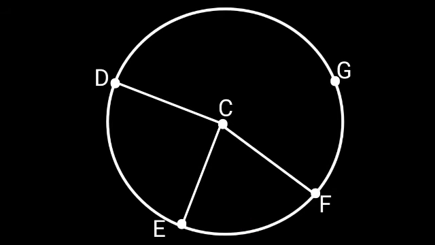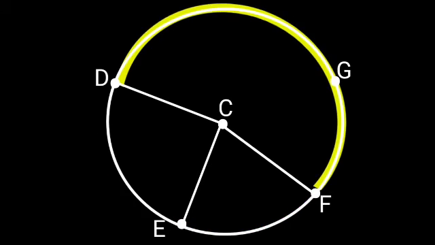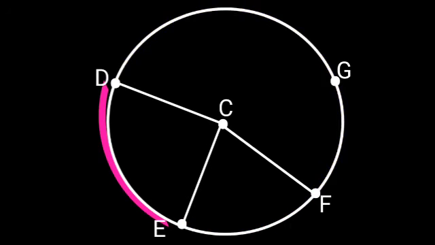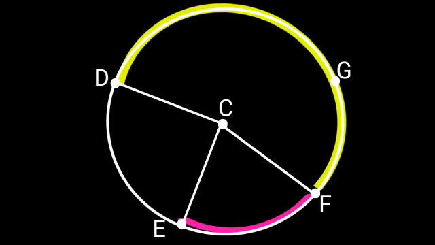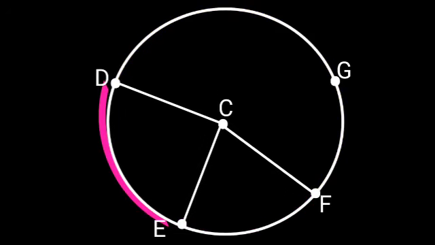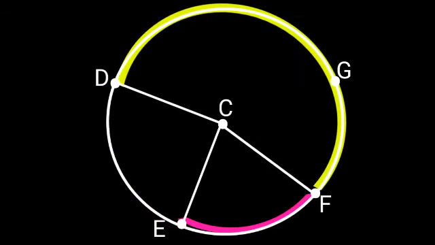Addition of these three arcs will be the complete circle. Hence, the sum of these three arcs is 360 degrees.